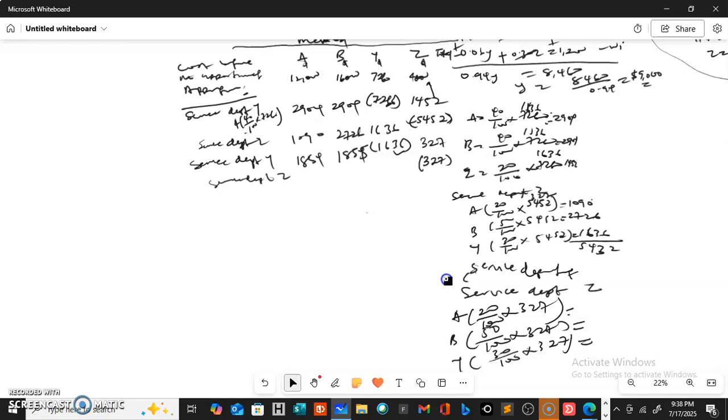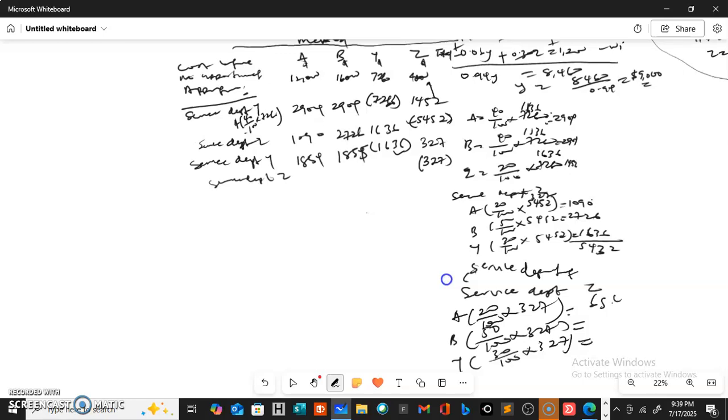So let us multiply that now. 20%, which is 0.20 multiplied by 327, gives us 65.4, which is approximately 65.